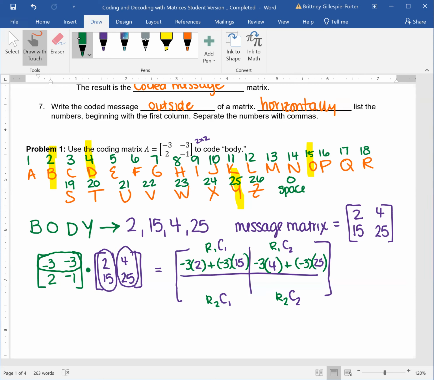We're going to do the same multiplications. We're going to have 2 times 2 plus -1 times 15. We're going to have 2 times 4 plus -1 times 25.